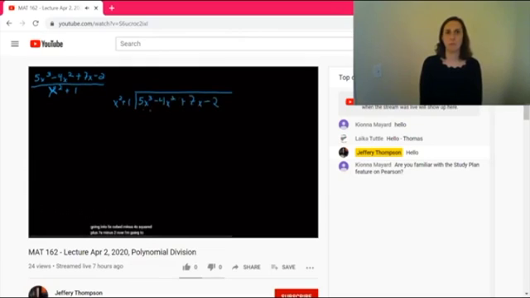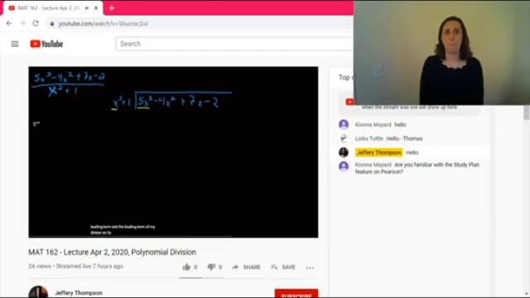Now I'm going to check right now. I've got a 3, a 2, a 1, and a 0. So that works its way down, which is what I want to see. I want to see descending powers of x. So I start with my first leading term and the leading term of my divisor.